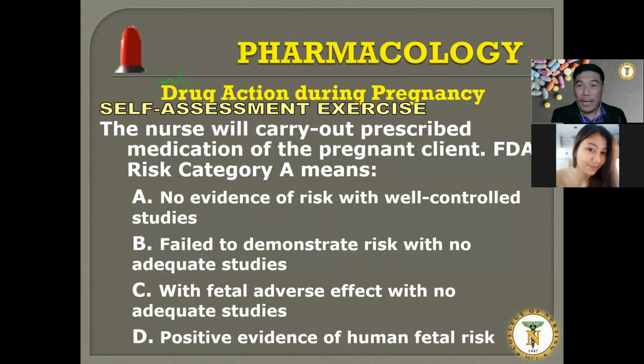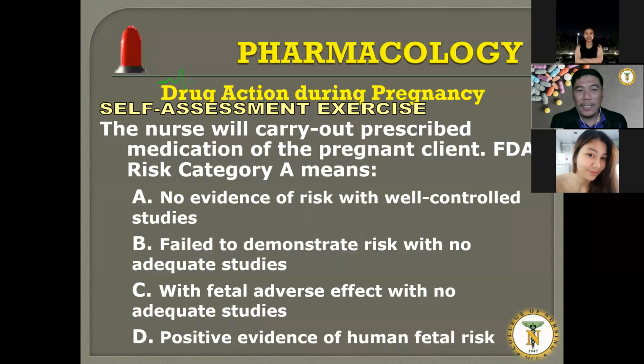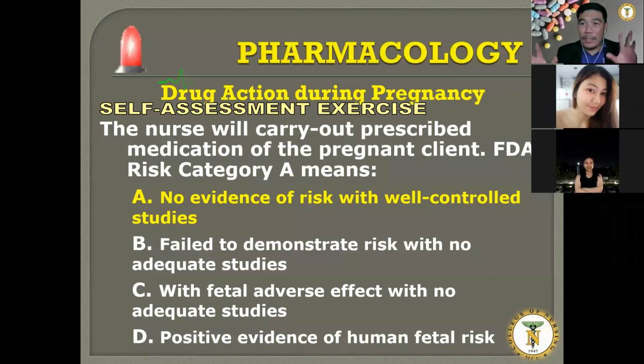So I think Miss Manguera is the first one who raised her hand. Can I have your answer? Letter A po, sir. So your answer is letter A. So let us check if it is letter A. The answer is correct. Di ba remember, all drugs that are under category A are safe because they have adequate and well-controlled studies and no evidence of risk for the mother and the fetus.